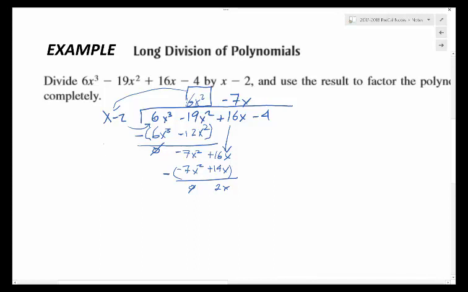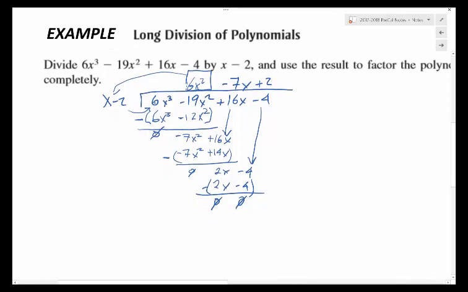So now, x times what will be 2x? Well, positive 2. So now I'm going to bring down my negative 4. 2 times x is 2x. 2 times negative 2 is negative 4. And when I subtract that away, I get 0 and I have nothing remaining.